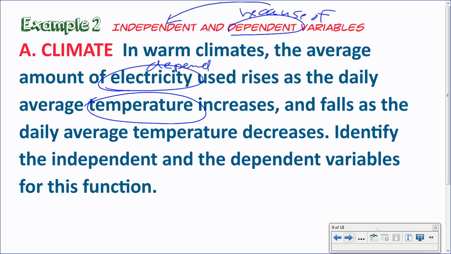The temperature. So that becomes the independent. Now, based on what I told you earlier, can I start an equation with that information? Yeah, you can. If it's dependent, it's got to be by itself, doesn't it?